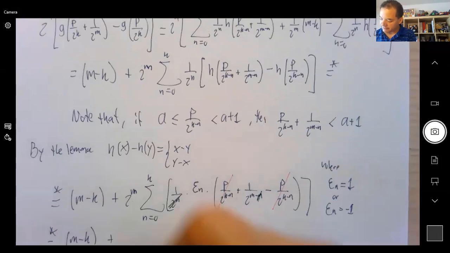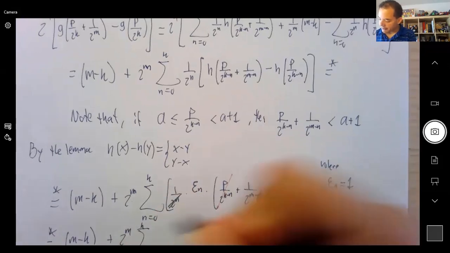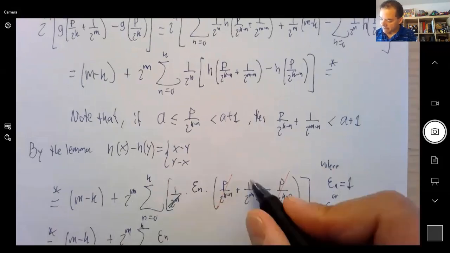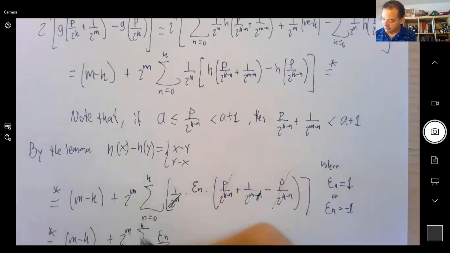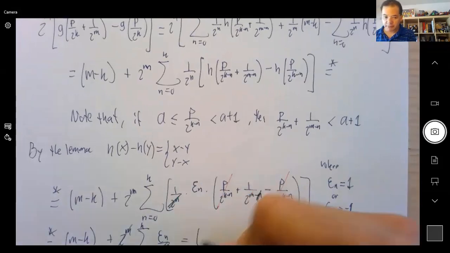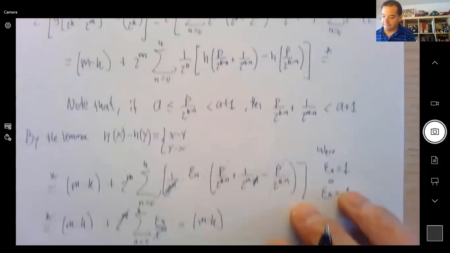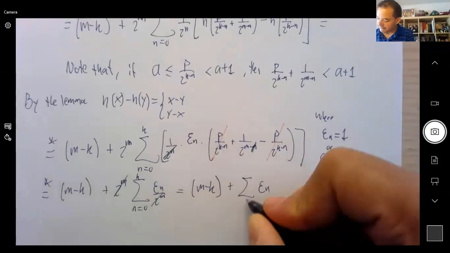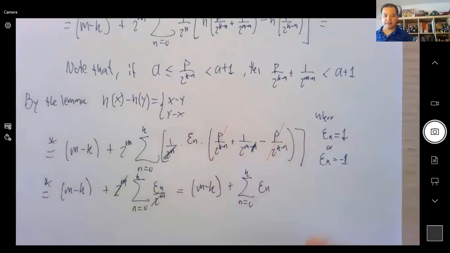Well, let me leave that last step. So we have the epsilon n and the 2 to the m, which cancels. So finally, we get m minus k plus the sum of the epsilon n's. That's it. We finally simplified it as much as we could.